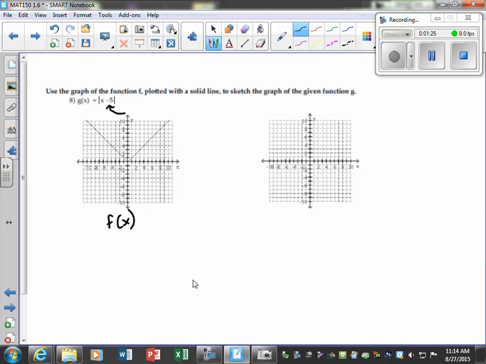Well, what does that x minus 5 mean in the absolute value? Shift it to the right 5 units. So it looks like this is at 0, 0, so I want to move this thing to the right 5 units, which is about over here, and the shape of absolute value looks like that.